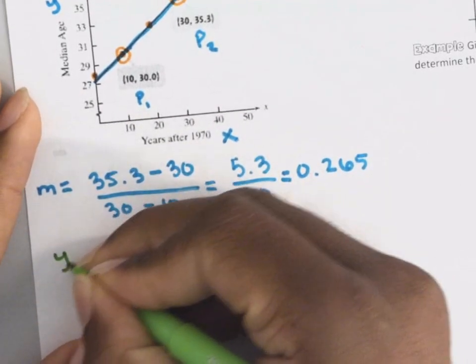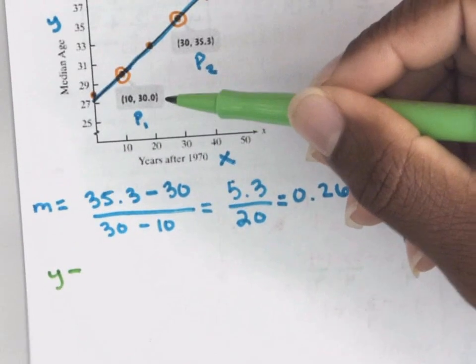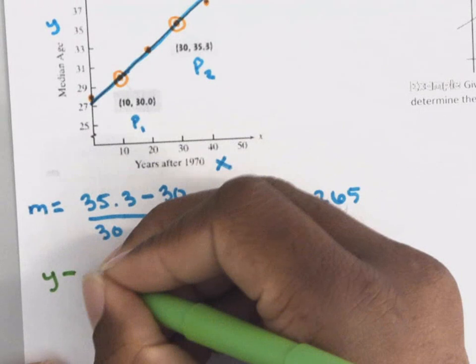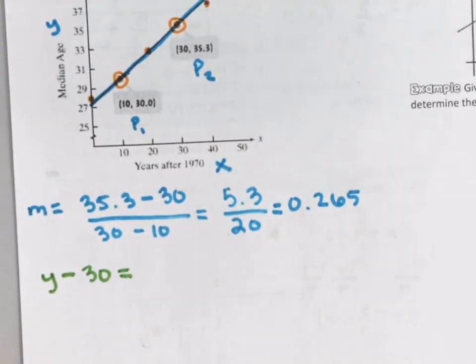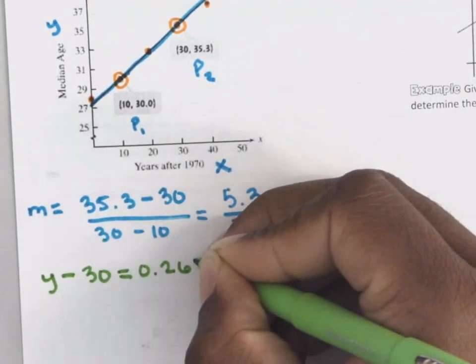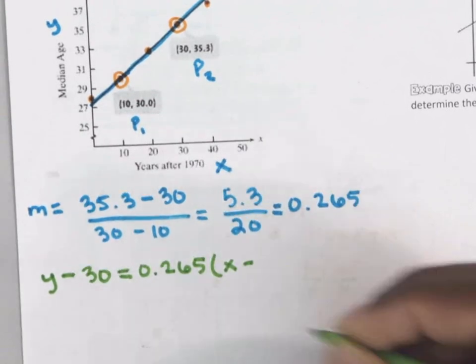So I got y minus y1. Point 1 doesn't have the decimal, so I might use point 1. So it'll be y minus 30 equals m, my slope, which we found, 0.265, times x minus what?